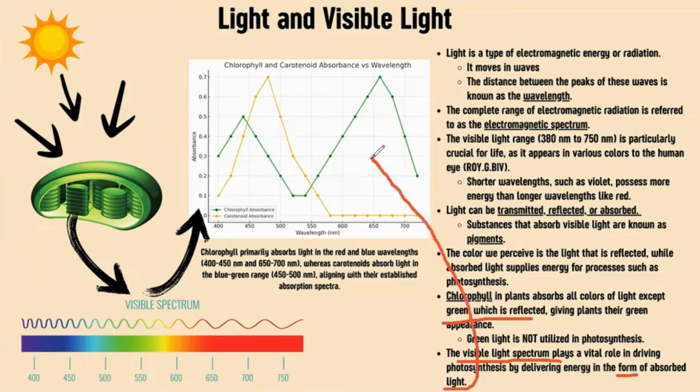So what's being absorbed is what's utilized in photosynthesis, and what's being reflected is what's not being absorbed, usually the one that is not peaking. This is important, especially if you're given a free response or multiple choice question.